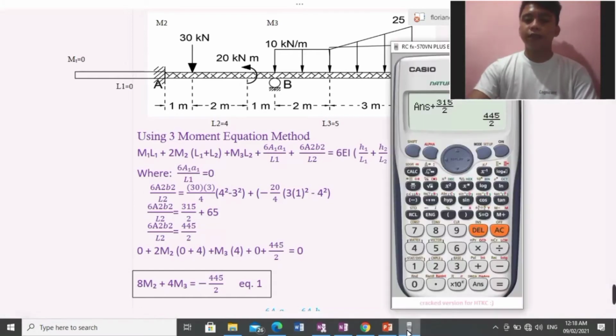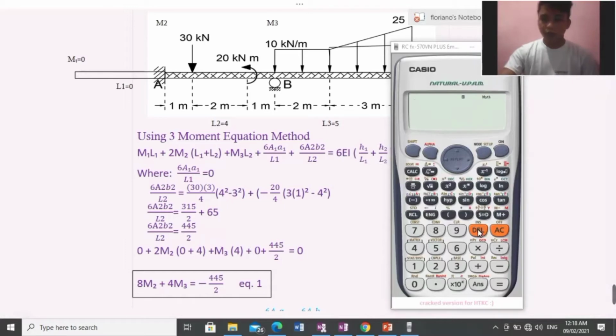So, para ma-check natin is i-calculate ko siya. 30 times 3 all over 4 multiplied to 4 squared minus 3 squared. Ang magiging sagot is 315 over 2.